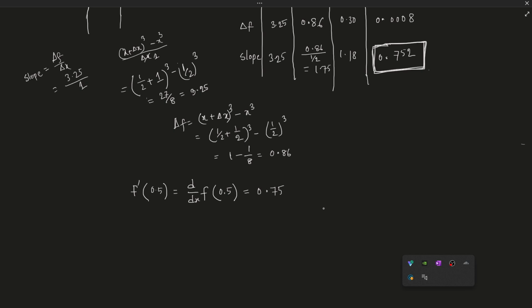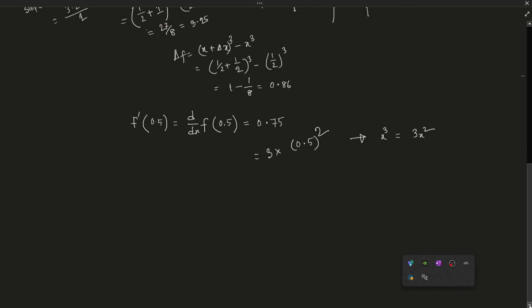So this is basically 3 times 0.5 whole square. We just proved that this is the derivative of x cube. The derivative of x cube is 3x square, that we have just proved.